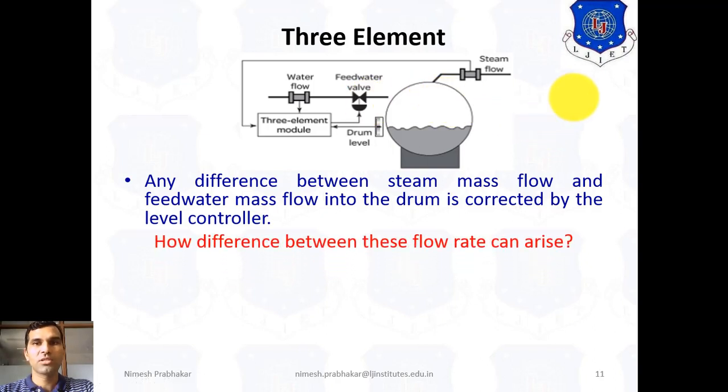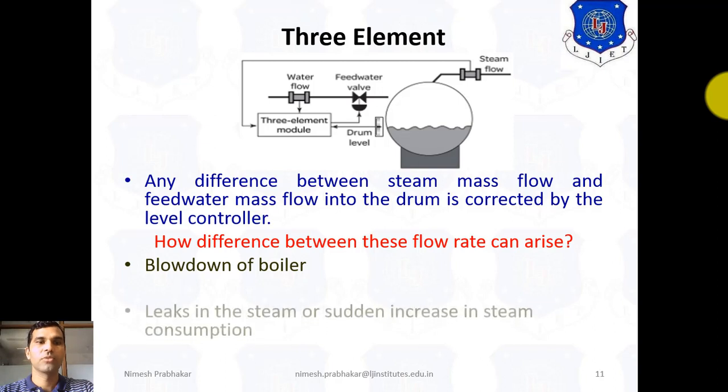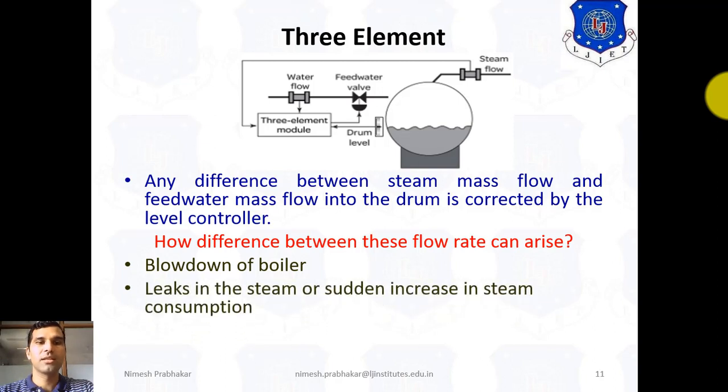So another question occurs in mind: how can a difference between these flow rates arise? That means how does a difference between the steam mass flow and feed water mass flow arise? There are a number of reasons. The first reason is the blow down of the boiler. Then a leak in the steam, or a sudden increase in the steam consumption, which is the swelling effect we know.